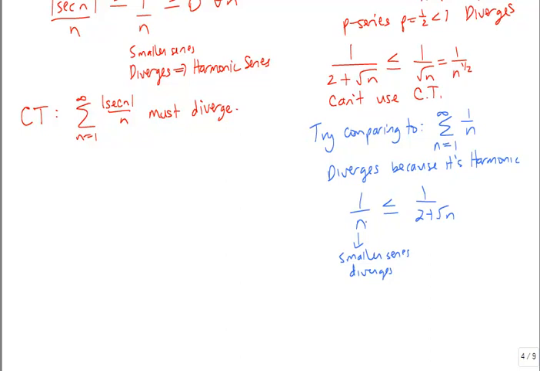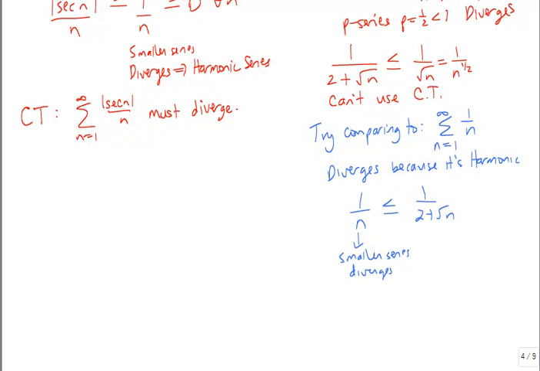Since we can't just look at the denominators and talk it through, what we are going to have to use in this kind of example is our calculator. What I recommend is pulling up your calculator and typing into y equals, in y1 the function 1 over n, and in y2 your function 1 over 2 plus square root of n.